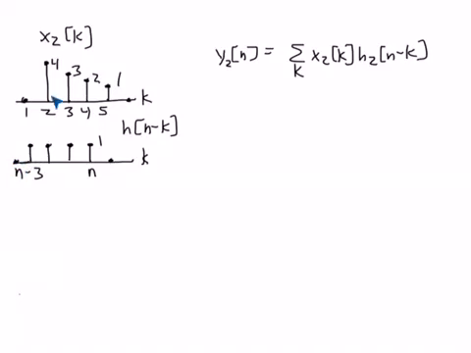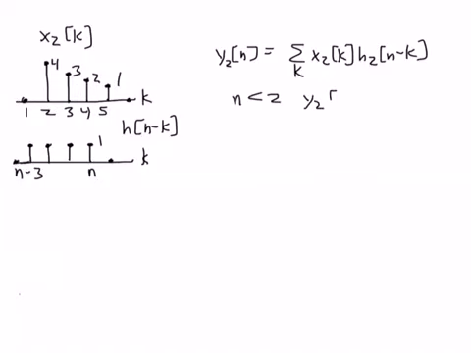And when I multiply them together, there's no overlap of these signals. So the zeros in this signal multiply with the non-zeros down here, and the zeros here multiply with the non-zeros up here. So we know that for n less than, let's see, look over here, if n is less than 2, when I multiply those signals together, I get nothing.